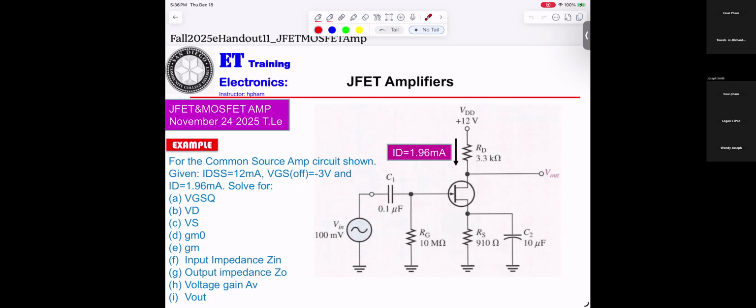Self-bias, no battery. You can see this part here. That's the AC signal applied. If we're talking about bias, we're looking at this circuit.